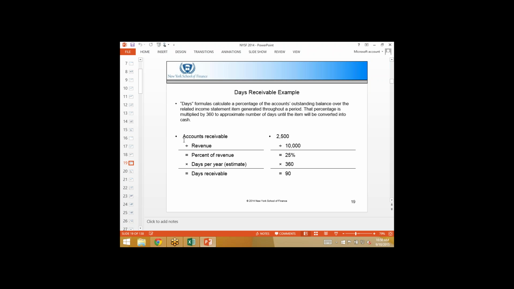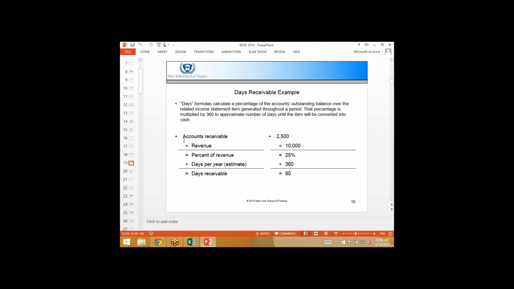If you take 25% and multiply it by 360 days, that's 90. You can use 360 or 365. It's up to you. A lot of people use 360 because it's divisible by 12. So if your model turned into a monthly model, you don't have to adjust for February's 28 days and all that stuff. It's just 30, 30, 30 all across the board.